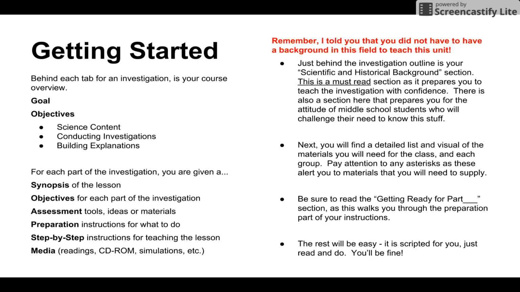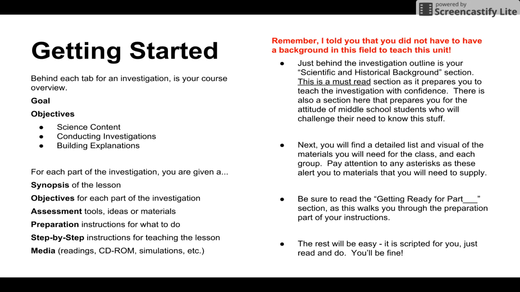Getting started. Behind each tab for an investigation is your course overview. The goal for the investigation, the objectives broken down by science content, conducting investigations, and building explanations. I often use building explanations to help me to write my mastery objective, what students should know when I'm done with this unit.